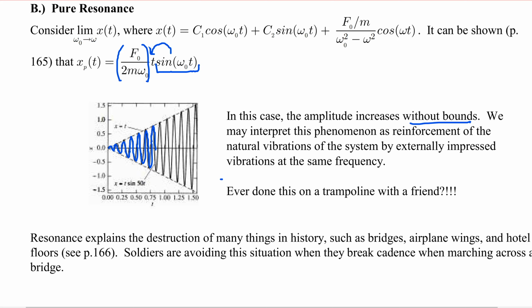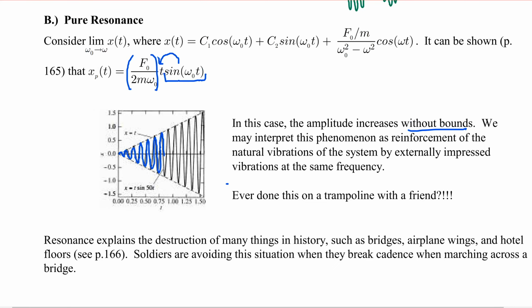We may interpret this phenomenon as reinforcement of the natural vibrations of the system by externally impressed vibrations at the same frequency. So you can think of this, as far as our spring mass system, as the oscillation of the spring being in sync with the oscillation of the external forcing function. As this external forcing function drives the mass down, the mass is also already in motion in the same direction.